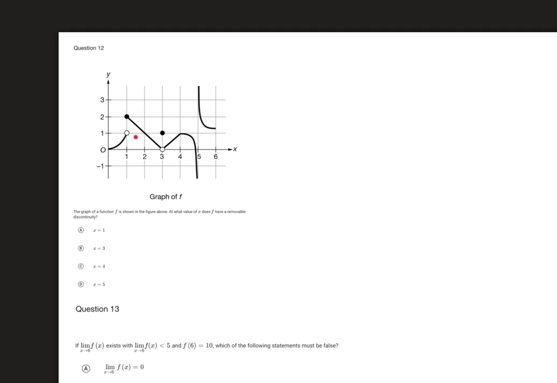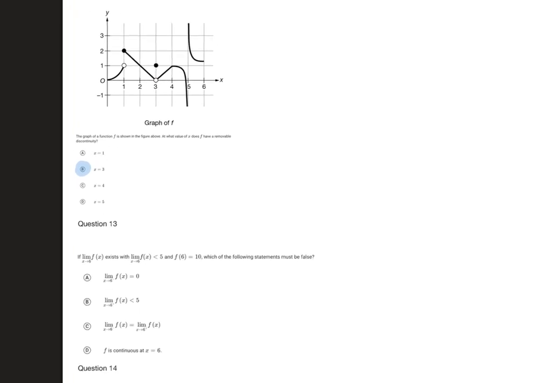So at x equals 1, that's a jump discontinuity, but at x equals 3, that's a hole. That's a removable discontinuity. So the answer is B, x equals 3. And just realize, these are both circles on the graph, but they're different things. This is an open circle at an endpoint, and this is a hole in a graph.